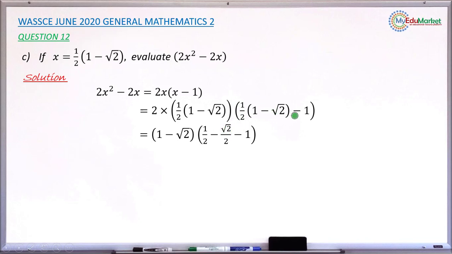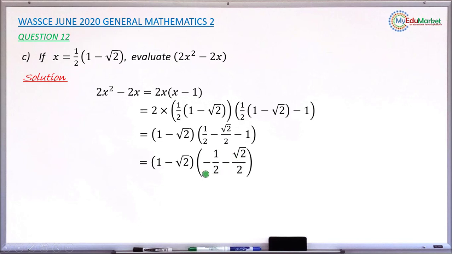Then copy your minus 1. Then I'll simplify what is in the second bracket. That is 1 over 2 minus root 2 over 2 minus 1. Simplifying, 1 over 2 minus 1 gives minus 1 over 2. Then copy your minus root 2 over 2.